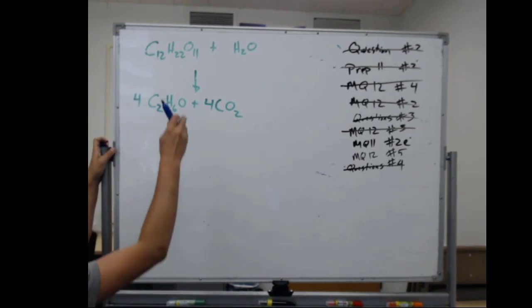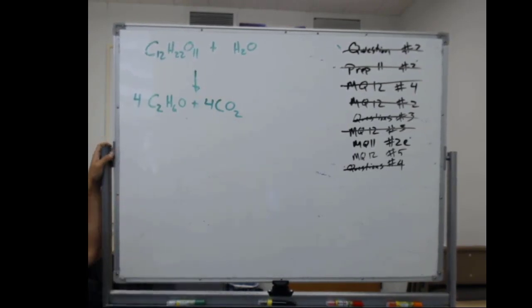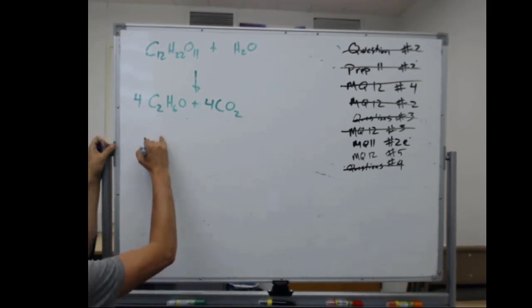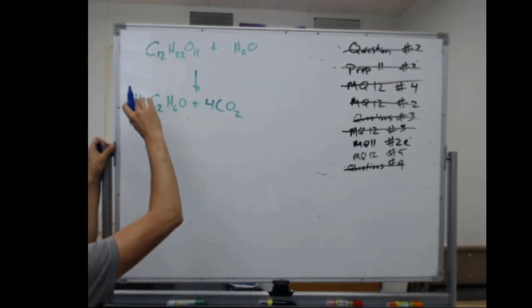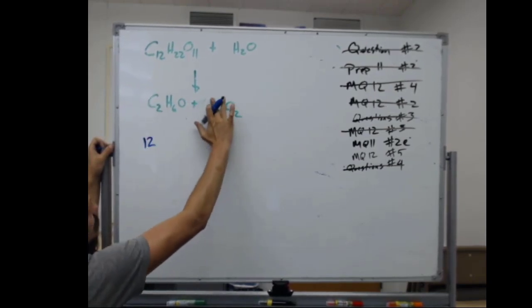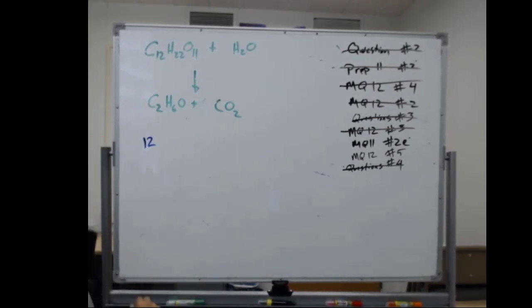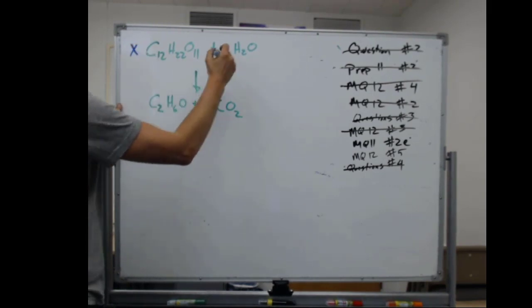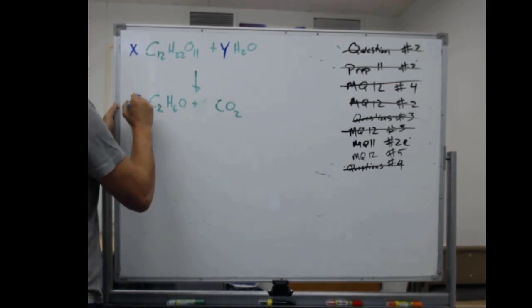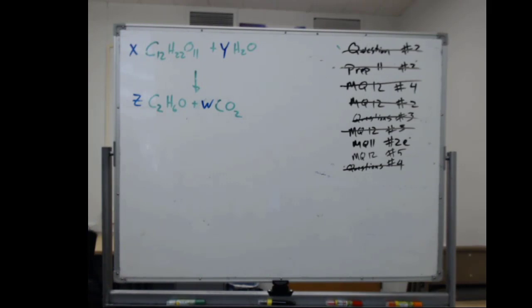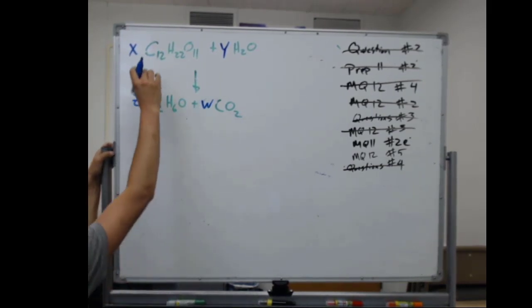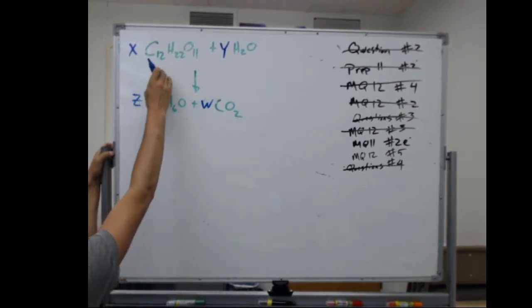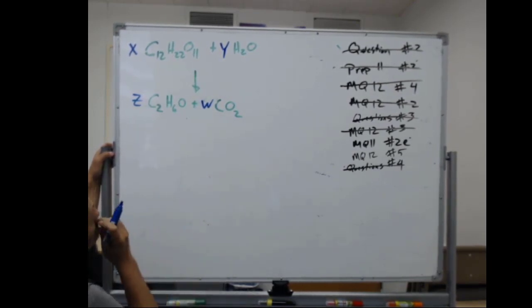You can essentially set up for every element, 1, 2, 3, you can set up 3 equations, 3 unknowns here. We're going to set our balancing coefficients. We're going to have x, y, z, w for our balancing coefficients. So I'm going to have a carbon equation, a hydrogen equation, and an oxygen equation.